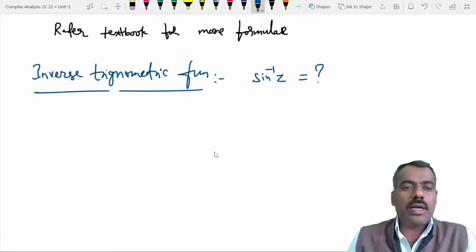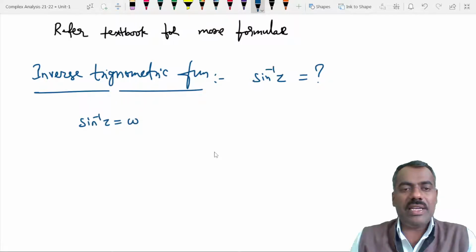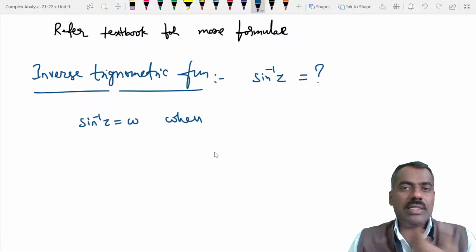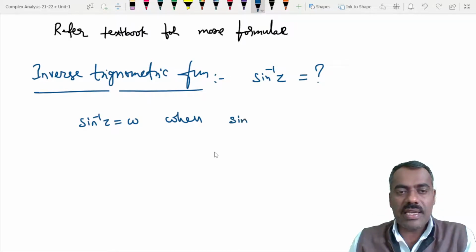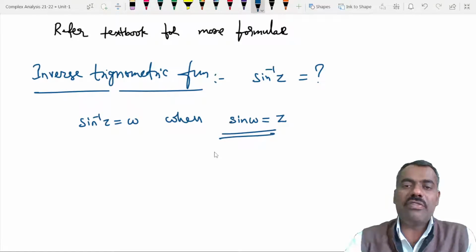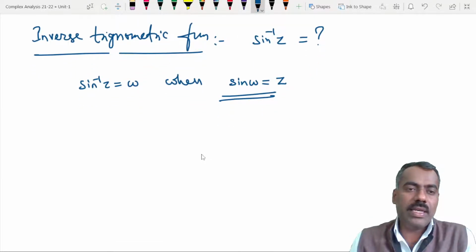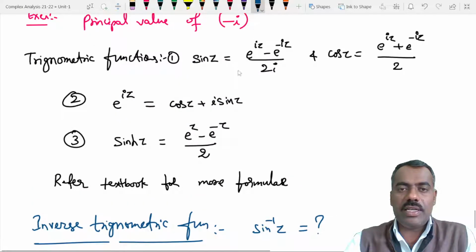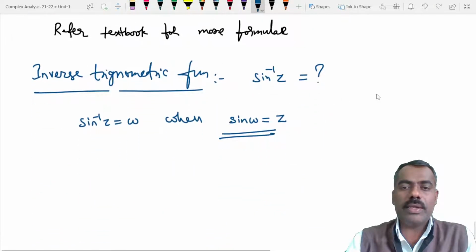Suppose sine inverse of z is a number w. When will this be true? Just like in the real case, sin w should be the same as z. So we solve this and find the value of w, right? And we have written here that sin w is e power iw minus e power minus iw by 2i, right?